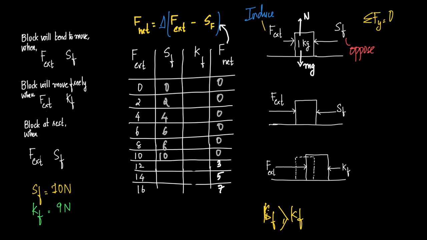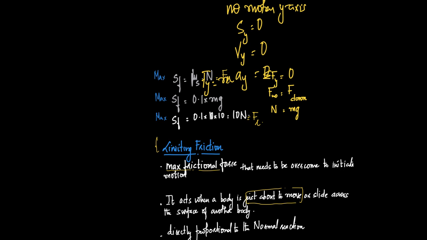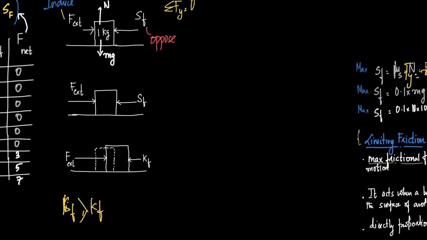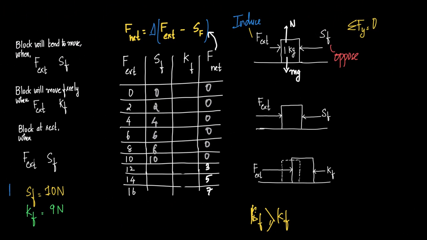Now, from the previous discussion, the value of limiting friction here is 10 Newton, right? The maximum value of static friction is 10 Newton, or otherwise, limiting friction is equal to 10 Newton.